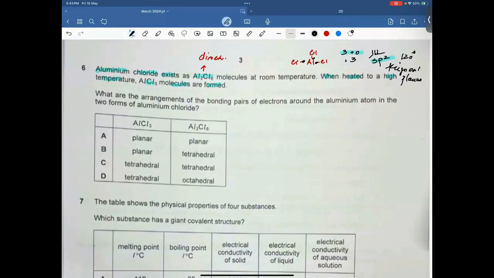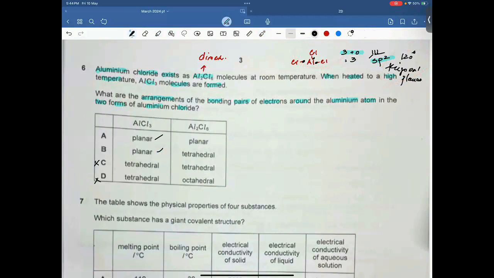So the examiner is looking for the arrangement of the bonding pairs of electrons around the aluminum atom in the 2 forms of aluminum chloride. So I've got the first one, which is trigonal planar. That means option C and D are absolutely incorrect.